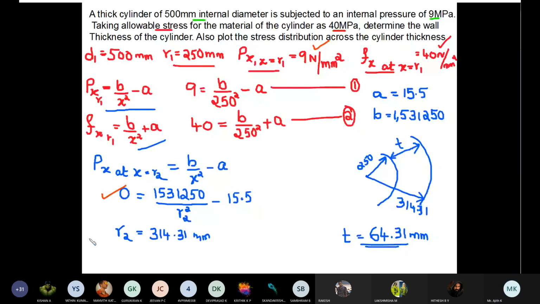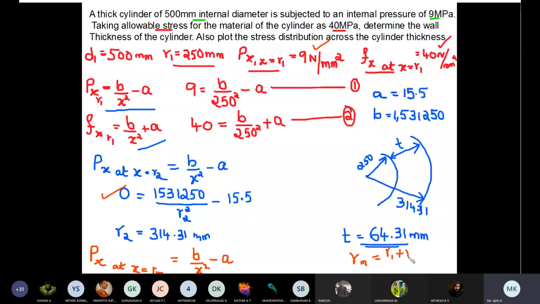at x is equal to Rm. This is equal to b by x square minus a, where Rm is equal to R1 plus R2 divided by 2.